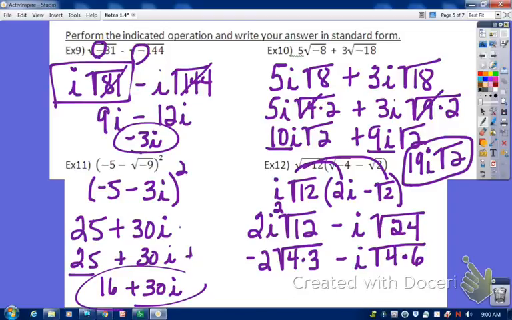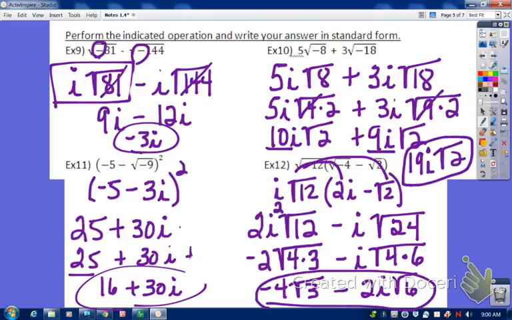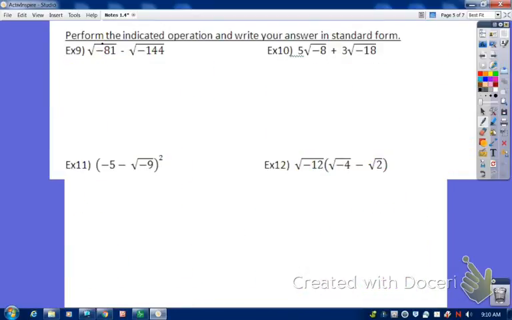Final answer is negative 4 square root of 3. Somebody says minus 2i square root of 6. Good. Questions about 12? Any questions about 12?